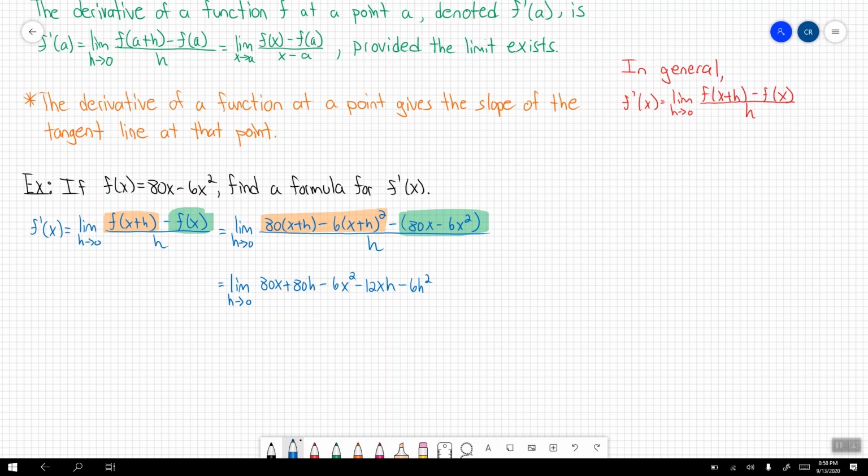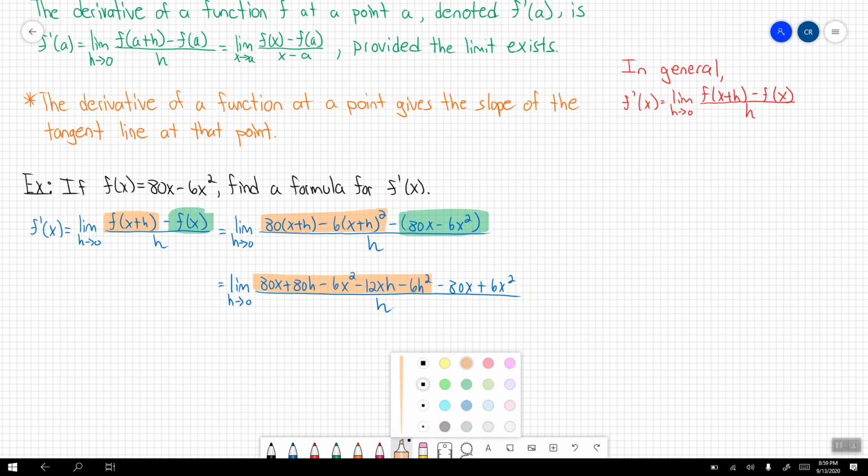Okay, that was my first terms. And then minus 80x plus 6x squared, all divided by h. My first terms are here, and my second terms are here, and again, I distributed that negative.